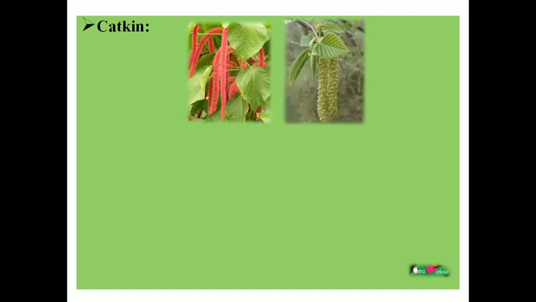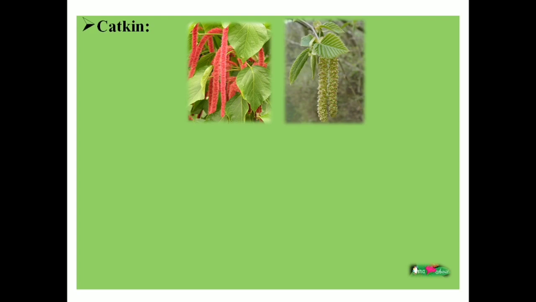Then catkin. It's a slim cylindrical flower cluster with no petals. They are found in many plant families including Fagaceae, Moraceae, Salicaceae. You can see in the picture, this is Acalypha hispida and another one is Australian.